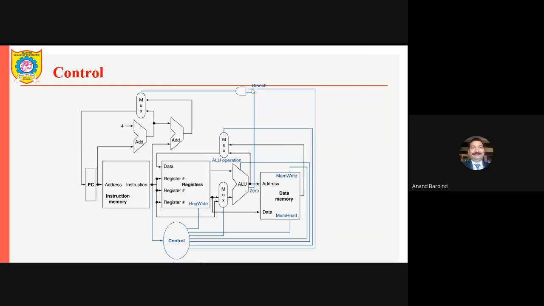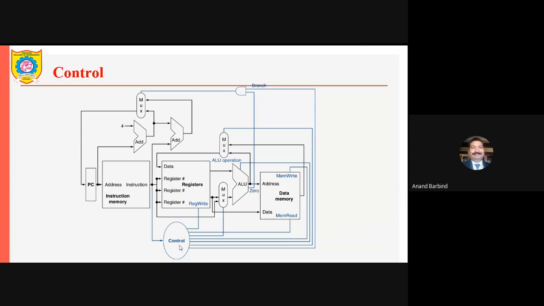Okay, from where this branch input comes, you can see it comes from this control unit. The control unit reads the instruction, and after the instruction is decoded, the control unit will come to know whether it is a branch instruction or not. If it is a branch instruction, its branch output will be 1.